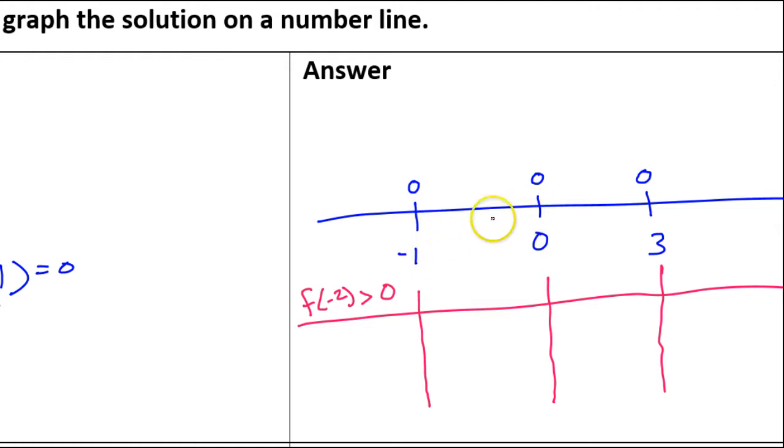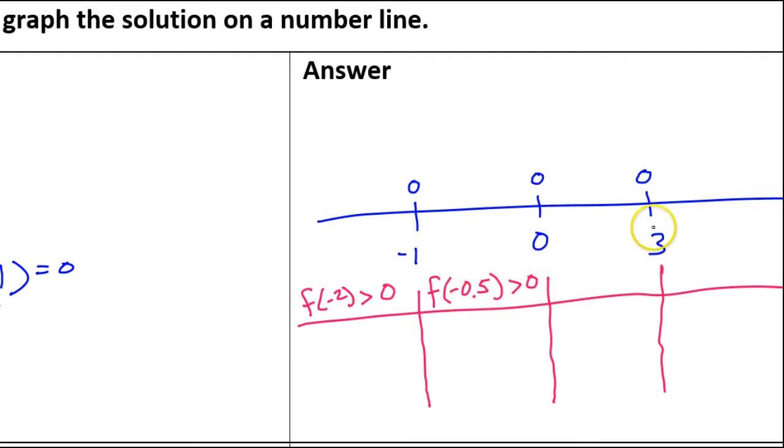Now, I need a value in this interval between negative 1 and 0. This one is a little bit trickier because 0 and negative 1 are consecutive integers. So if I want a test value in between, I might pick something like negative 0.5, halfway to negative 1. And again, I want to see, will the function be greater than 0 at this value?